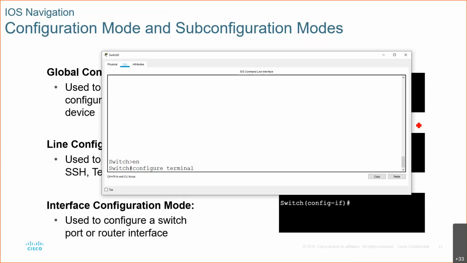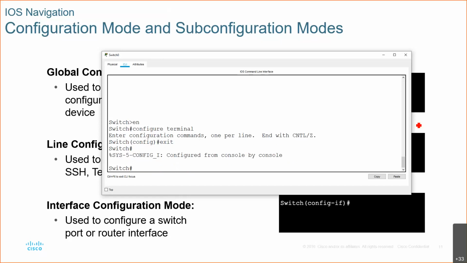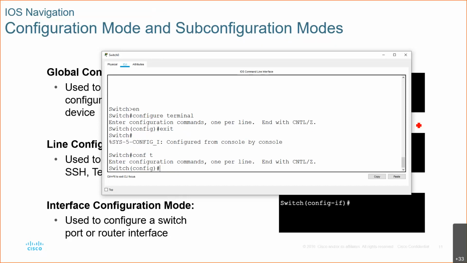So I type configure terminal. See, I go inside configuration mode. If I want to get out of here, I type exit again. Just like a short form for enable is EN, for configure terminal also we have a short form. See, conf T. There, same thing.